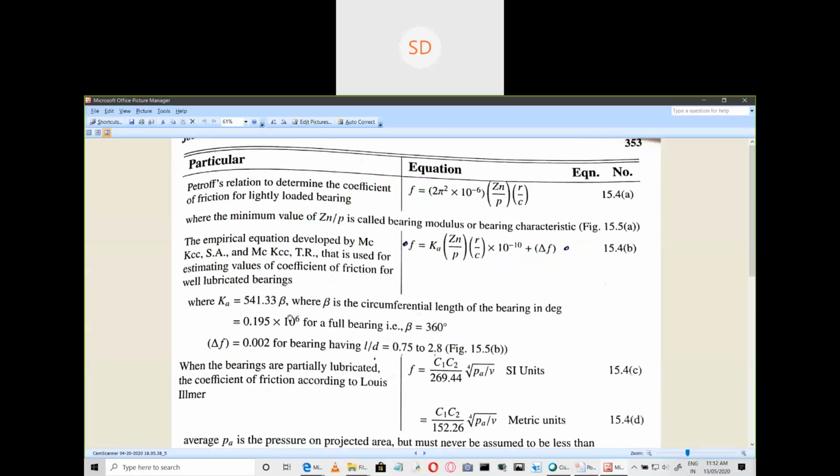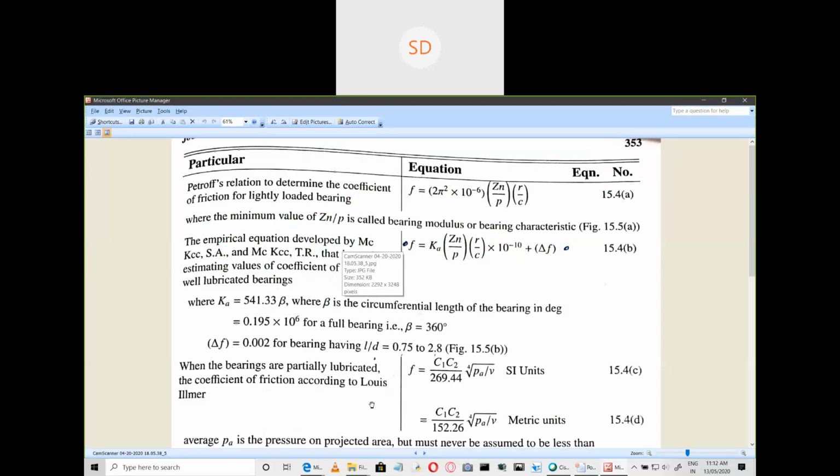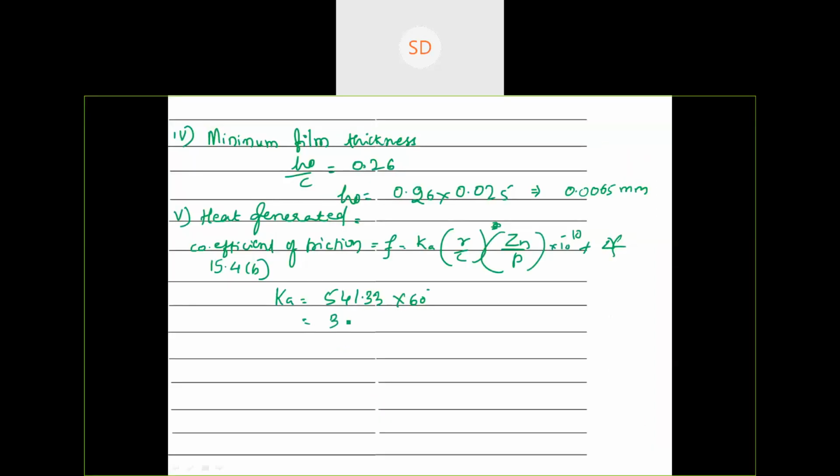Now K, you need to calculate here. 541.33 into 60 here. Okay. Let us calculate K. K equal to 541.33. So the angle is 60 degree here. Let us see how much you are going to get. 32,479.8.